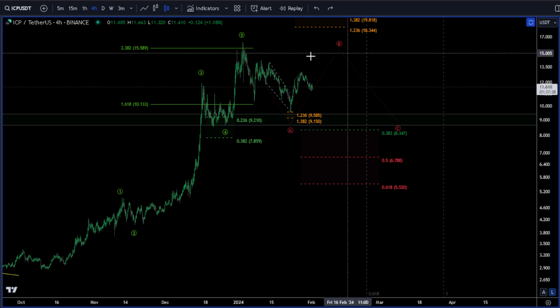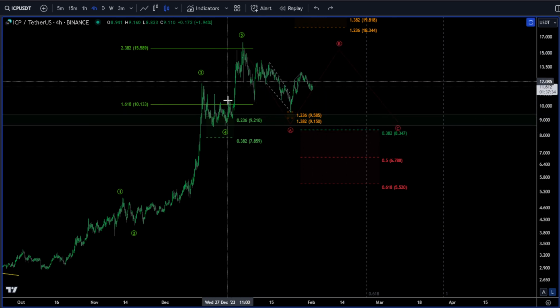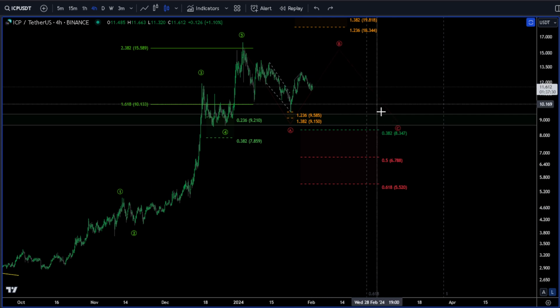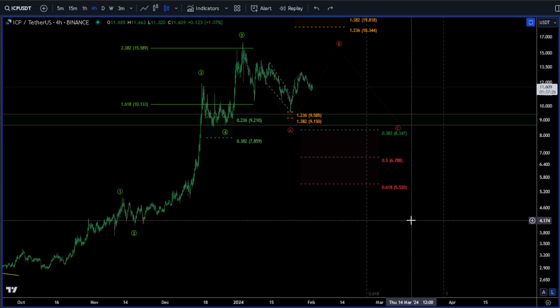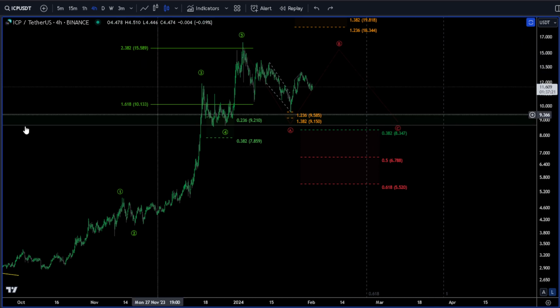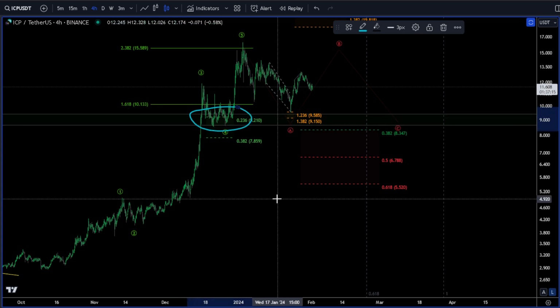A lot can be happening here, so we have to track on these smaller time frames to get high probability trade areas. As of right now, I'm putting this as a flat, but it's just a placeholder. It's not trying to read the future. But keep in mind, if we want to keep this market very bullish, we want to hold this level of the previous 4th wave of one lesser degree.